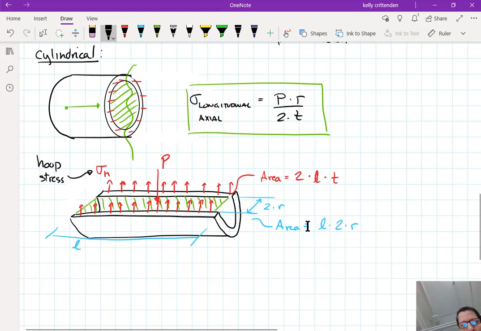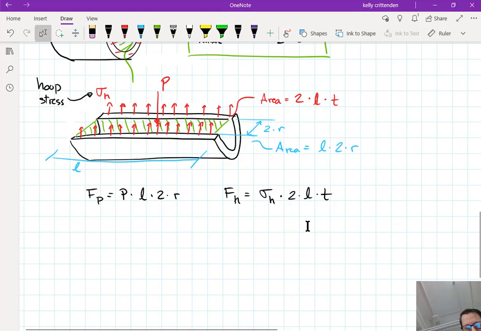All right, so the force from the pressure would be pressure times the area the pressure acts on, which is L 2R. And the hoop force, F_H, is equal to the hoop stress times the area it acts on, which is 2 times length times wall thickness. And the 2 is the front area in my picture and the back area in my picture.